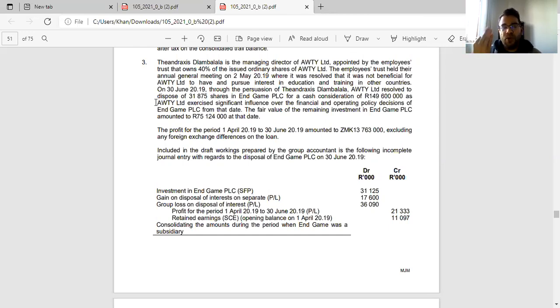There's three important aspects, actually two, anyway. So the one is that other comprehensive income can either be presented net of tax or gross of tax.